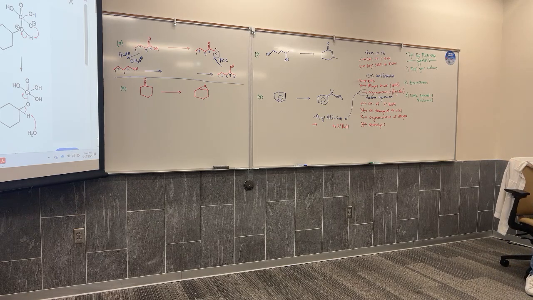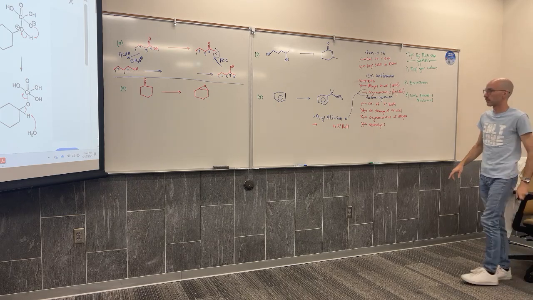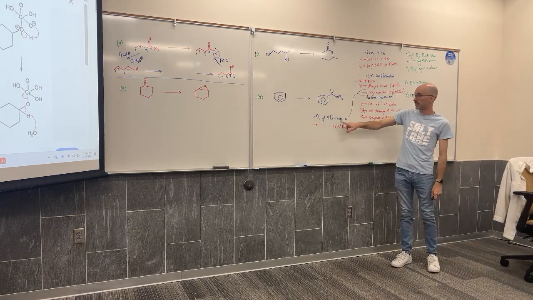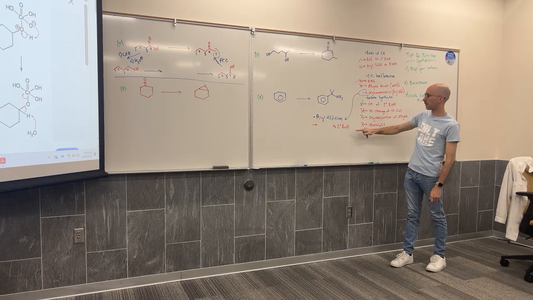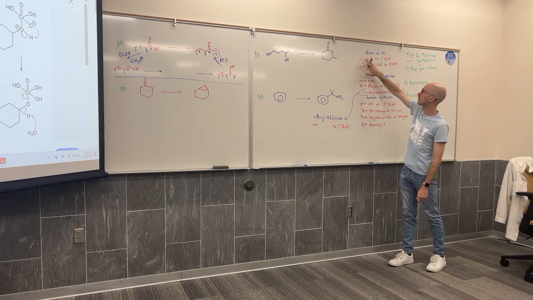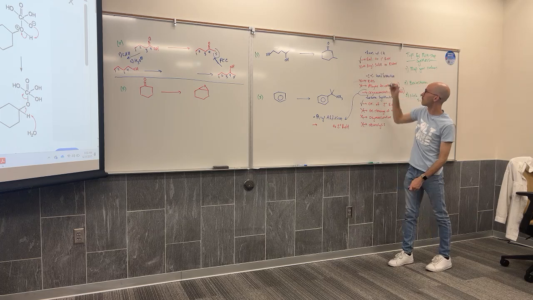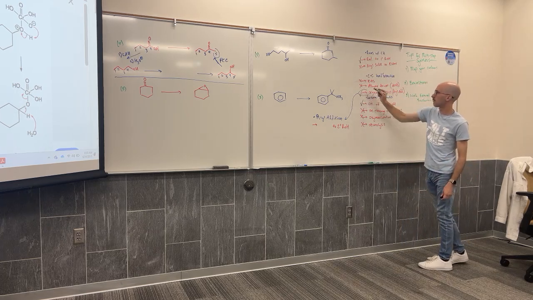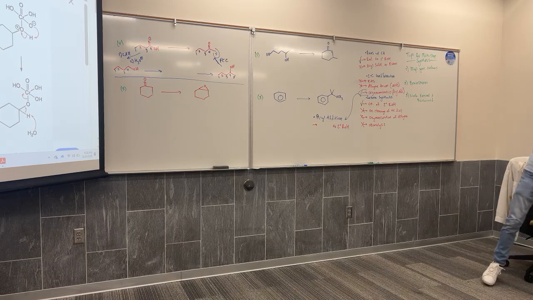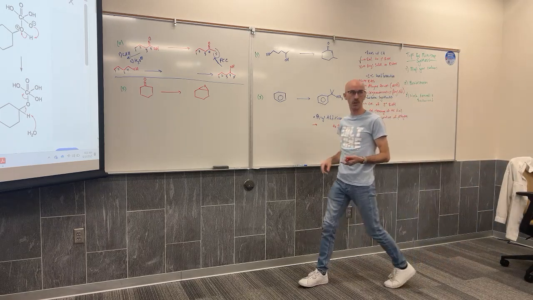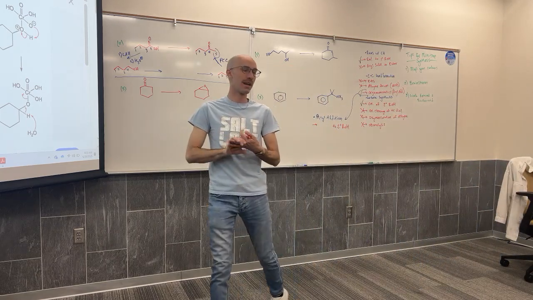I want to make a secondary alcohol by using acyl addition. You said that is the Grignard. Yep, we're looking at a Grignard or organolithium. We're not looking at a cuprate.